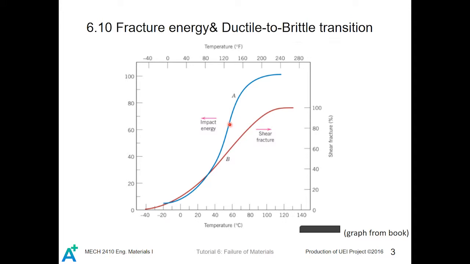As you can see, there is a similar or comparable trend of these two. Basically, some materials experience a ductile to brittle transition with respect to temperature. When the temperature is high, they become more ductile, their fracture energy is larger, and their failure mode becomes ductile fracture. And the reverse is also generally true.